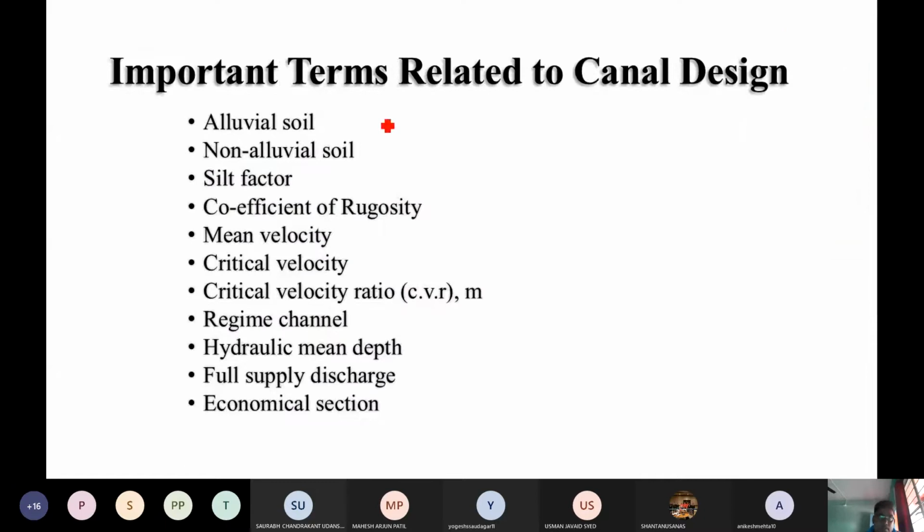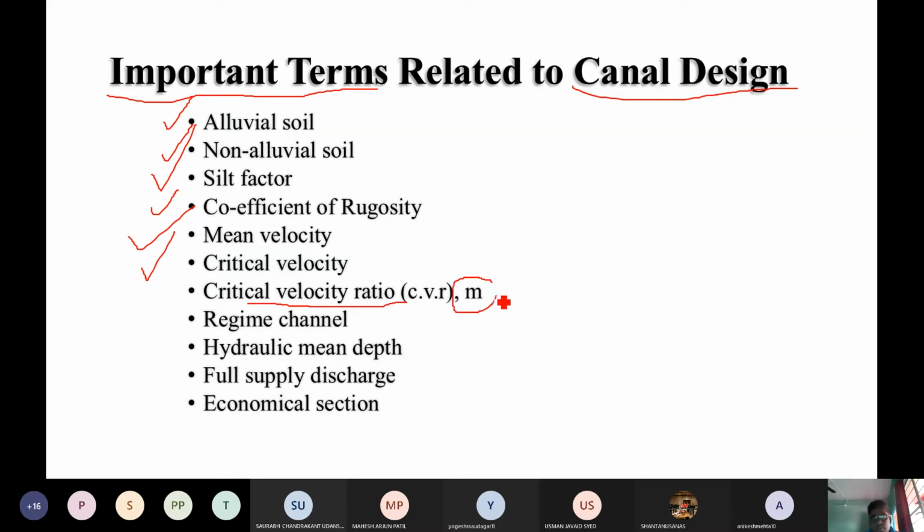Then please see the important terms related to canal design. The first one is alluvial soil, second non-alluvial soil, silt factor which is denoted by the symbol small f, then coefficient of rugosity, that is N, mean velocity, critical velocity, and the critical velocity ratio, this parameter is very important, CVR.